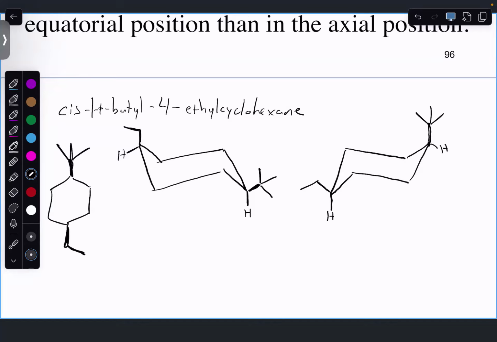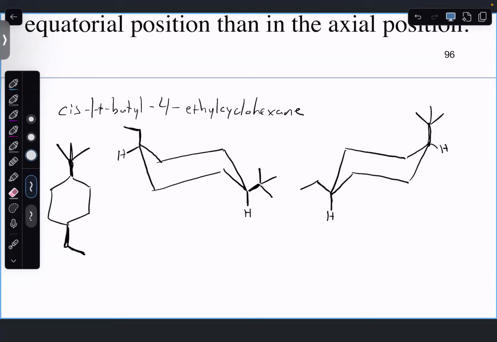In the first example we looked at, it was easy to determine what was better because both of your substituents were axial in one form and both of them were equatorial in the other form. Here, you're forced to make one of your substituents axial. Which one do you want axial? The ethyl, the one on the left. Yeah, this one is going to be preferred.